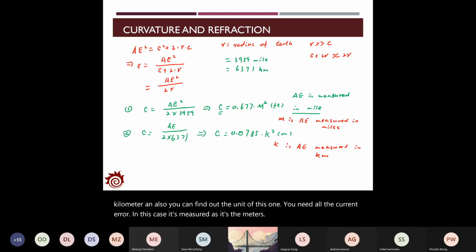So that's the way to find the curvature error. As long as you know the value of AE, you are able to find the value of the curvature error.